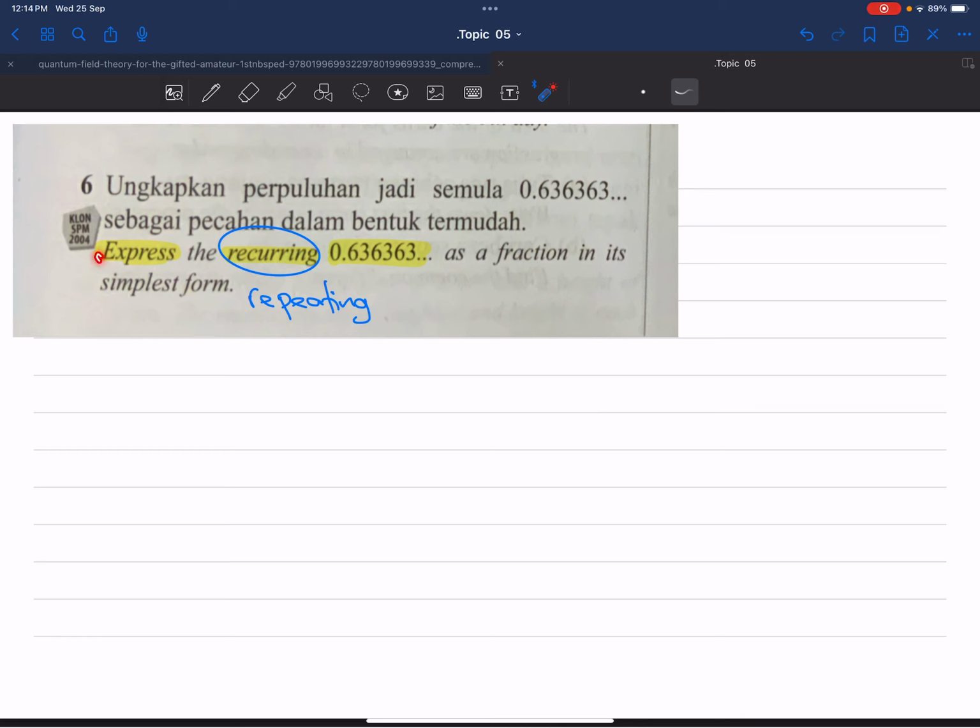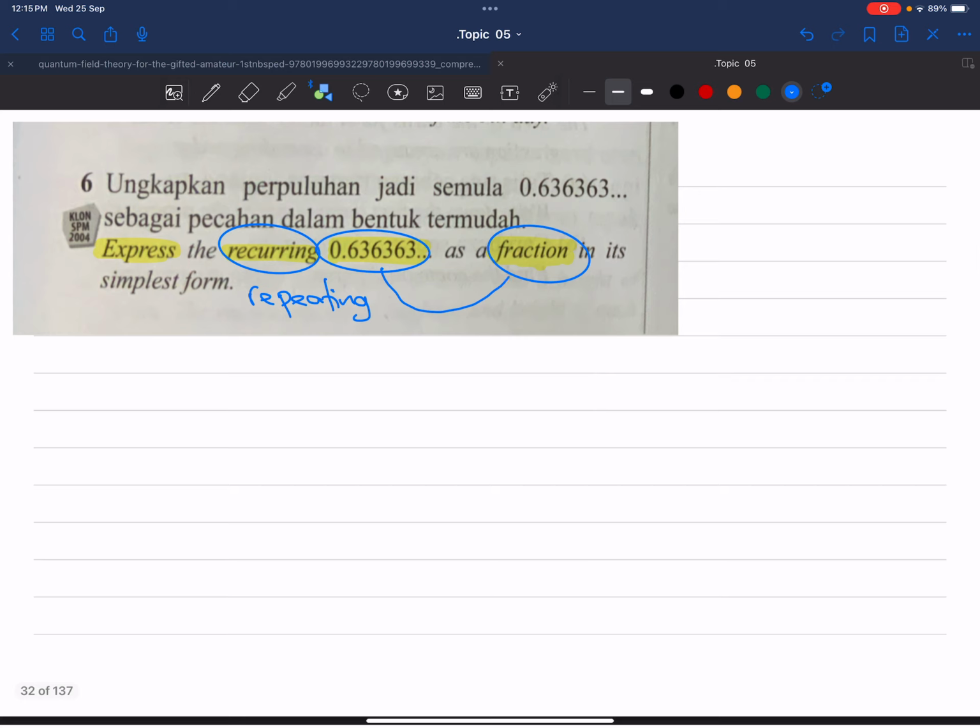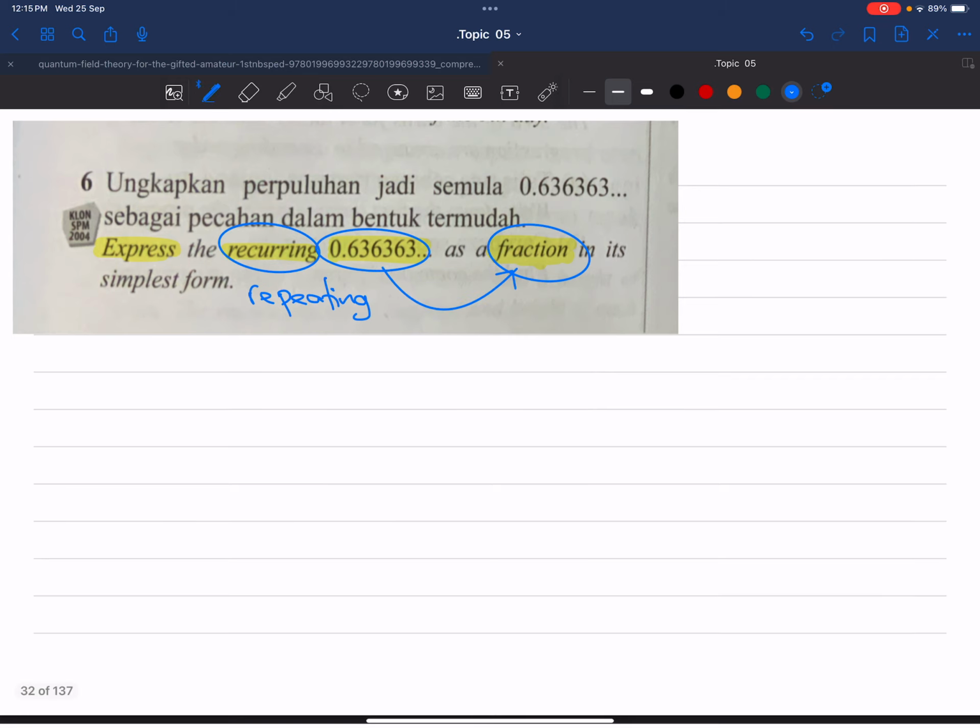So, express the reoccurring decimal as a fraction. The question is, we have to change the decimal to fraction.